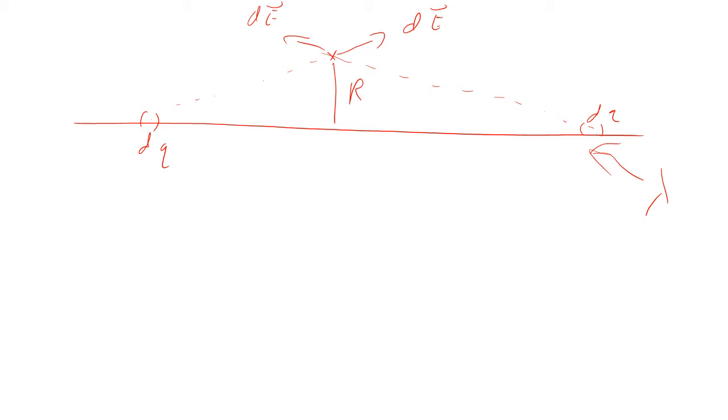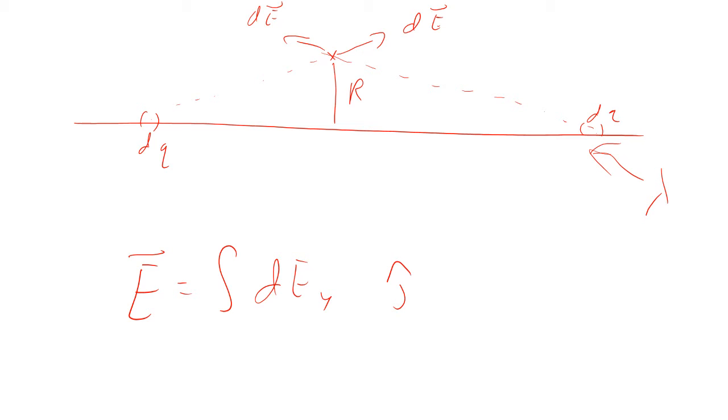So all we need to do to find the total electric field is integrate the dEys, and then it's going to be in the Y direction, the way I've drawn it.